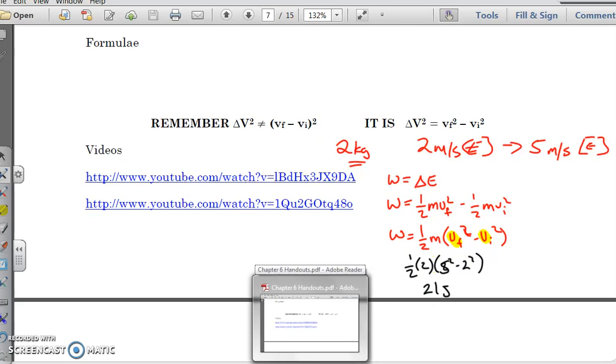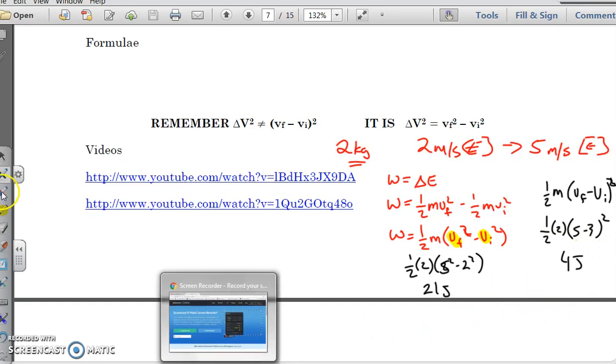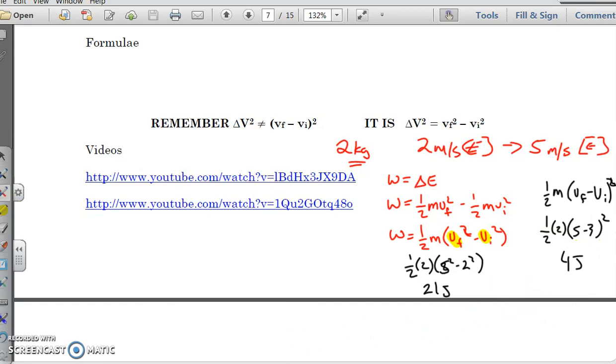However, if we were to take that 1/2 m times Vf minus Vi and square it all, that would get you 1/2 times 2 times 5 minus 2, all squared. Well, that gets you 9 joules. We don't want to do that. It's not the right answer, and mathematically it is not what is going to be happening.